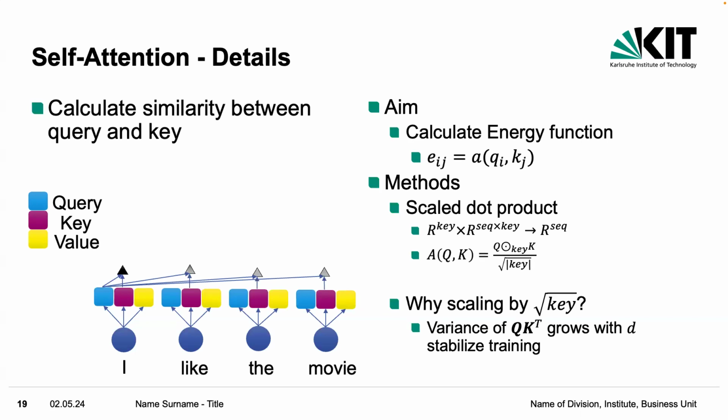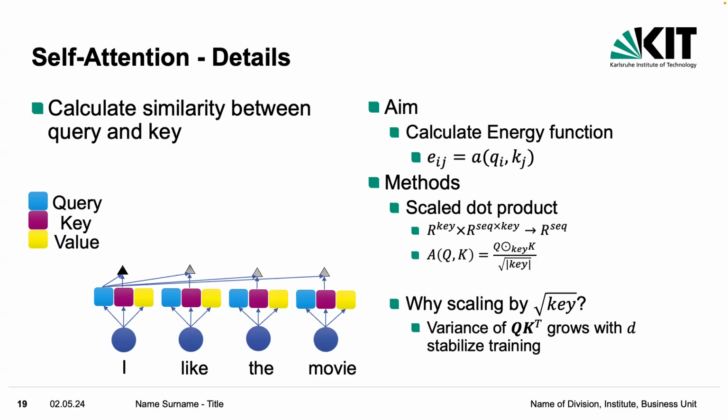So what you do is you take query and key and just multiply them. You can also do that in this notation if you do it for the whole sequence. So you have your keys, all the keys. Then you have the sequence length times key dimension. You see, query and key have to have the same dimension, otherwise you cannot compare.